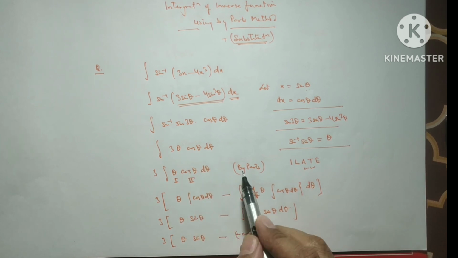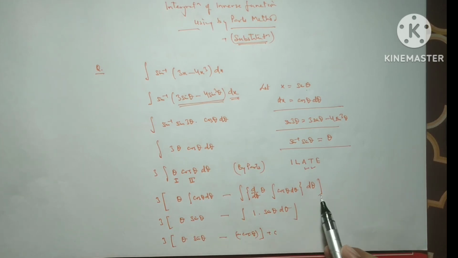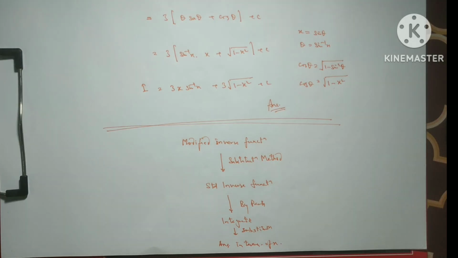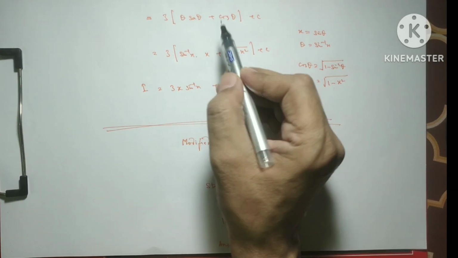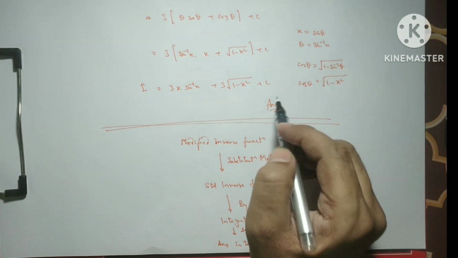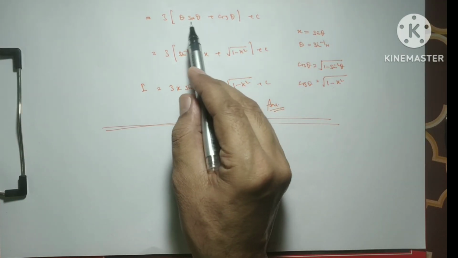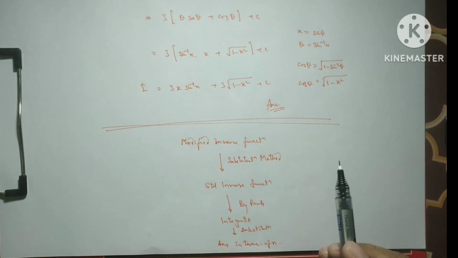Then we can use by parts, and according to the by parts formula, we integrate this and we get this result. But again, this result is in terms of theta, so the answer should be in terms of x. That's why we again use the substitution method, and we use our assumptions again, and we put the values of theta, sine theta and cos theta like this and get the answer.